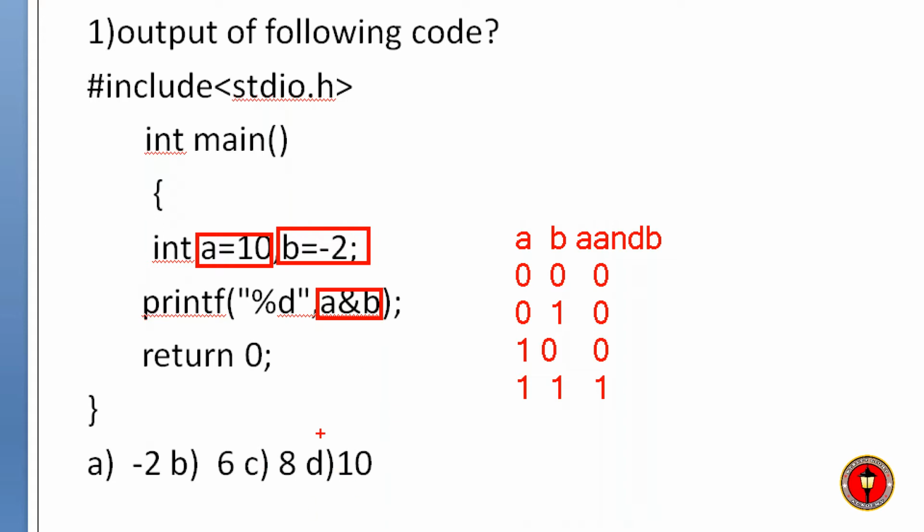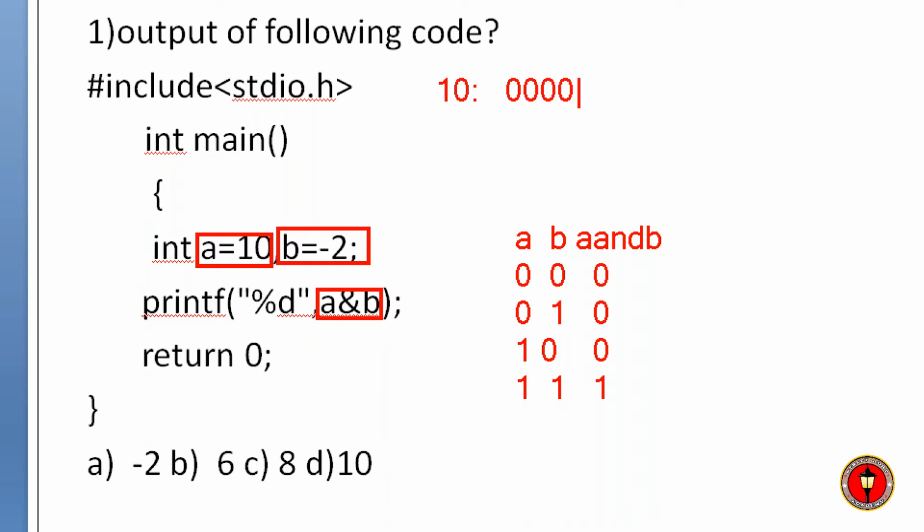Then how do we get these values? A decimal number is internally converted into a binary number, and after that we apply the AND operation between these two numbers, then you will get the output. Let us see first. If I am giving 10, I have to represent it in an 8-bit representation.